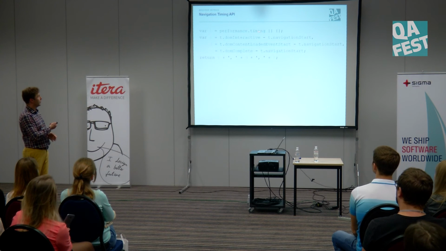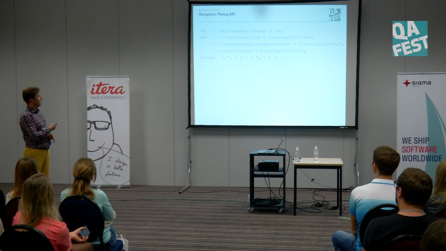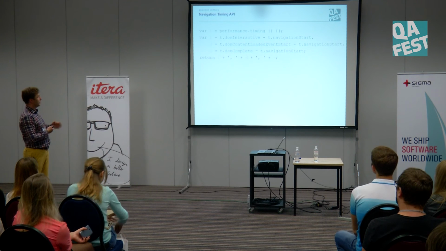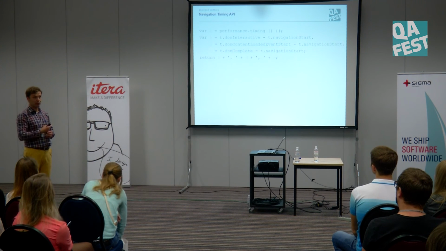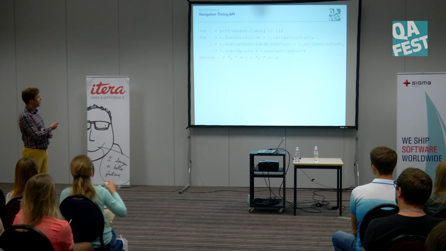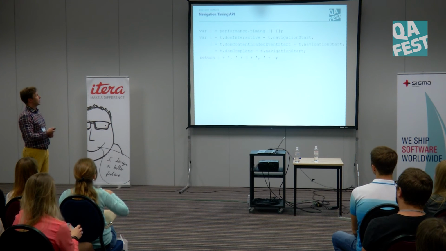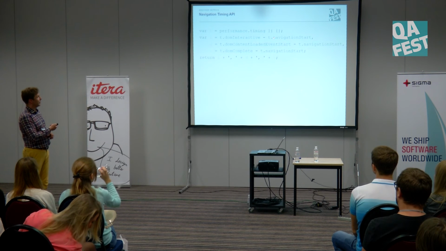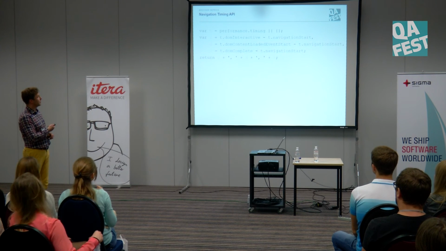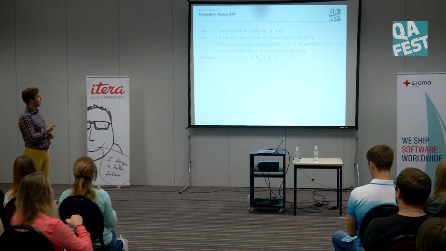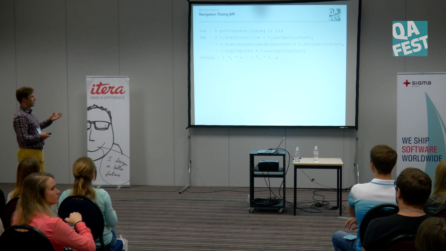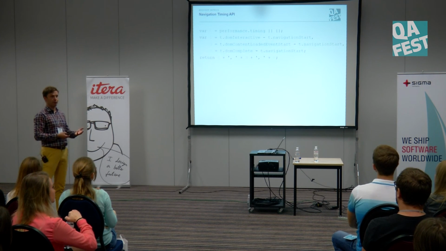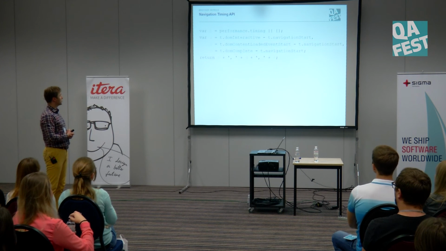We need to fetch the reference to the timing object, and then you can find the references to all the events that I mentioned on the previous slides. And here I just calculate the times for navigation start, for DOM interactive event, DOM content loaded event, and DOM completed. And you can put this information into the logs or export it to some other tools.